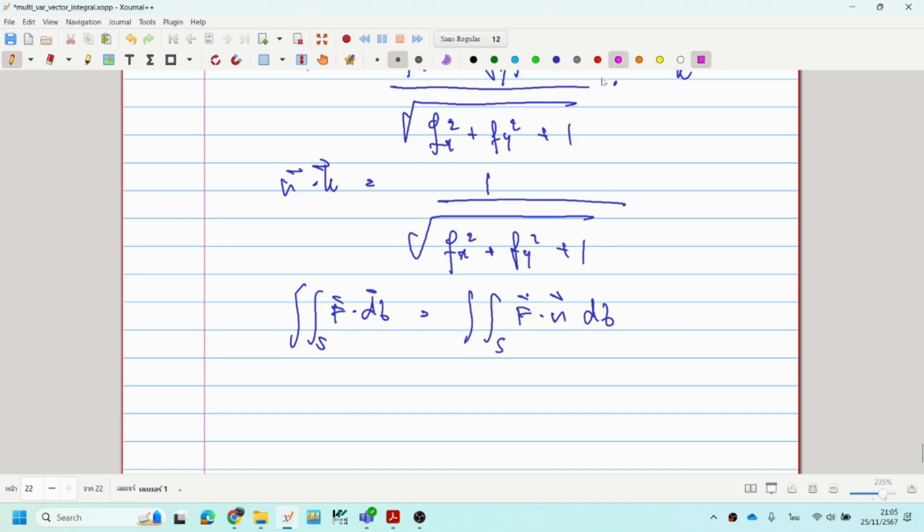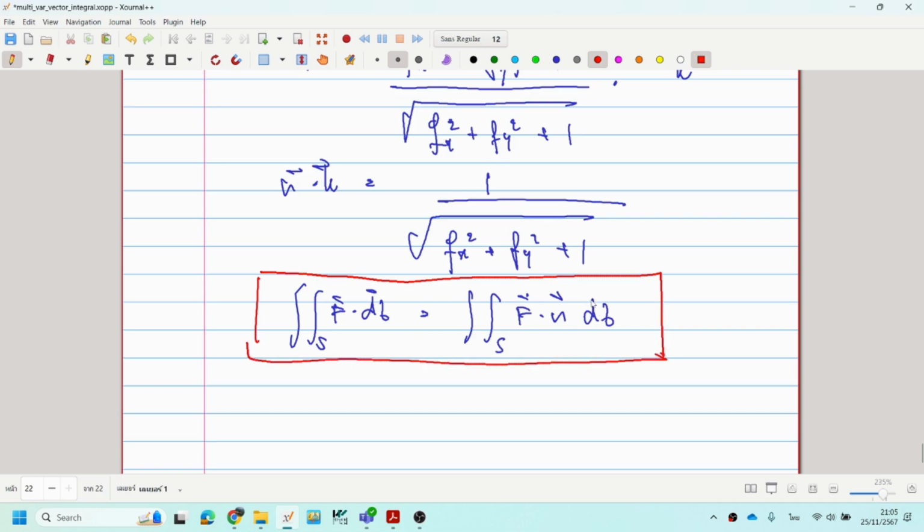This is the basic formula. Which side is better depends on the integration technique for finding the surface integral solution. You can use the right side or the left side.